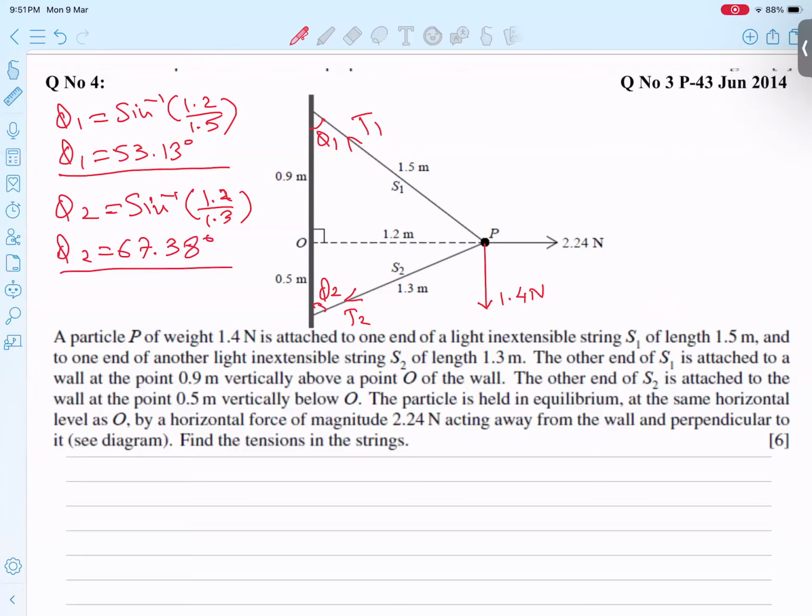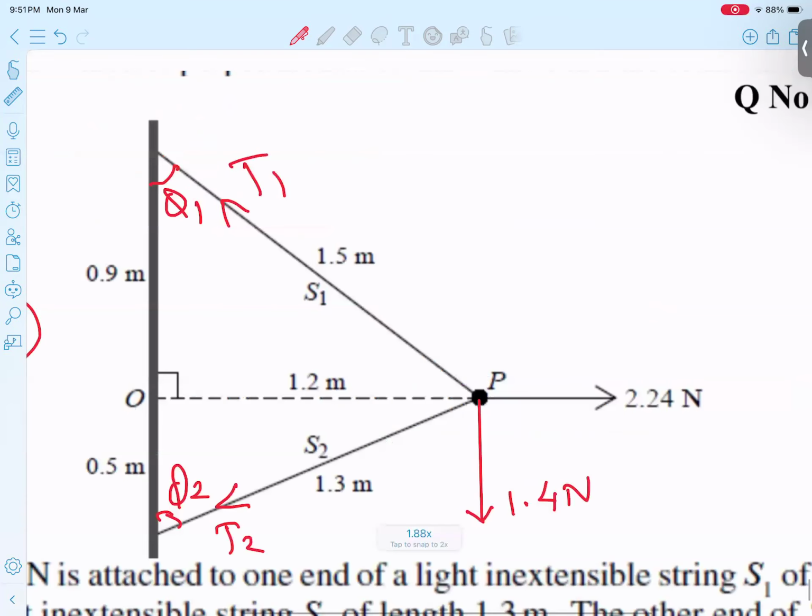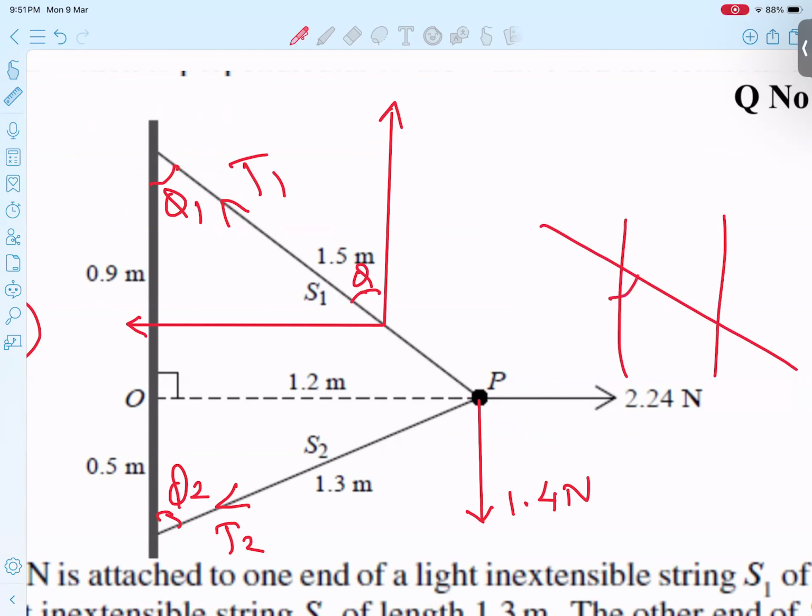Students, you know it very well. For tension 1, the angle given here is 53.13. One force acts parallel to the rod and one is perpendicular. This is theta 1 for sure, because when two lines are parallel and a line cuts them, these angles are the same.